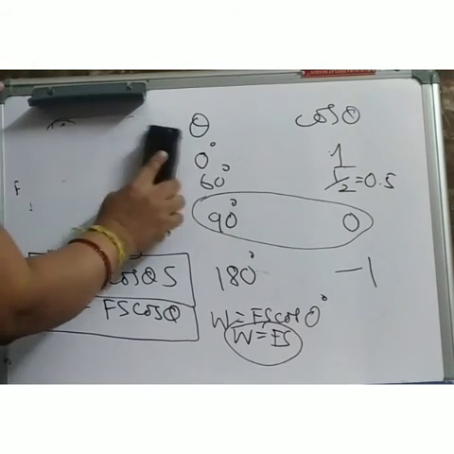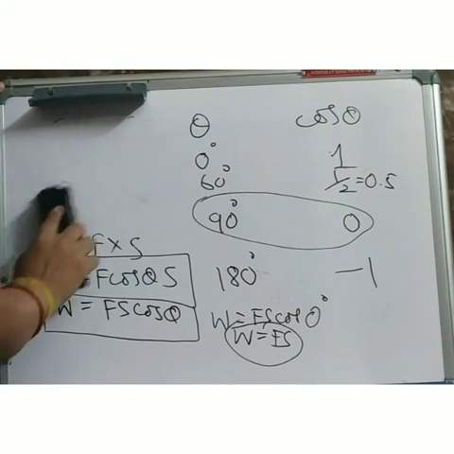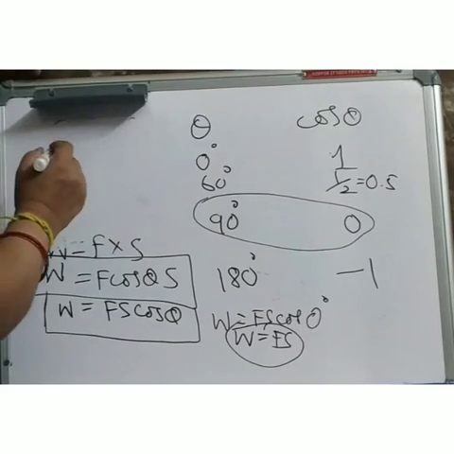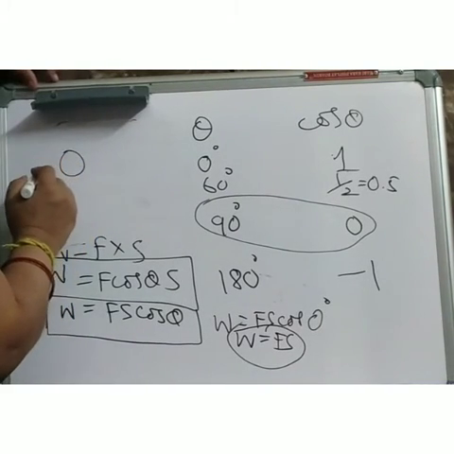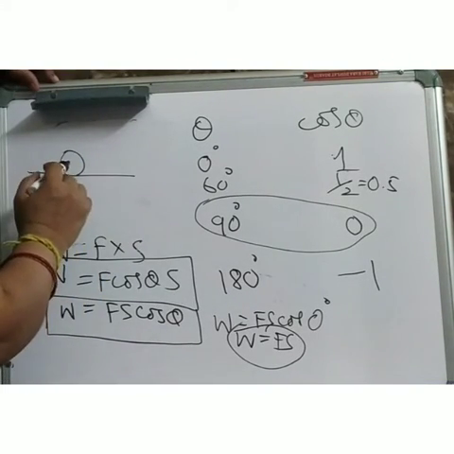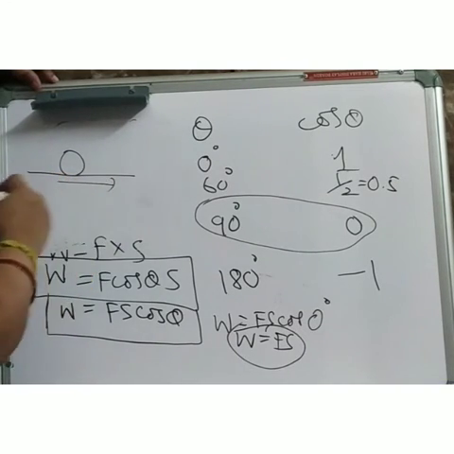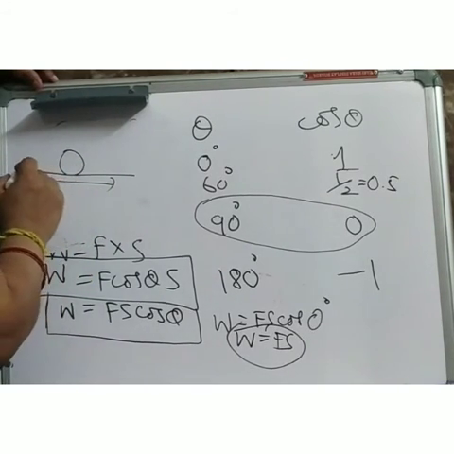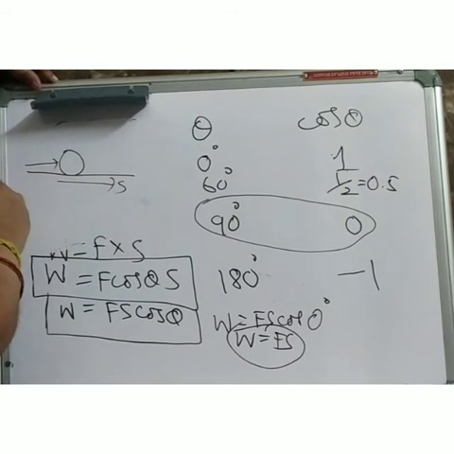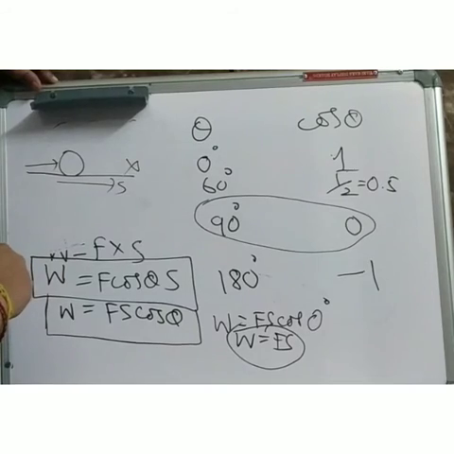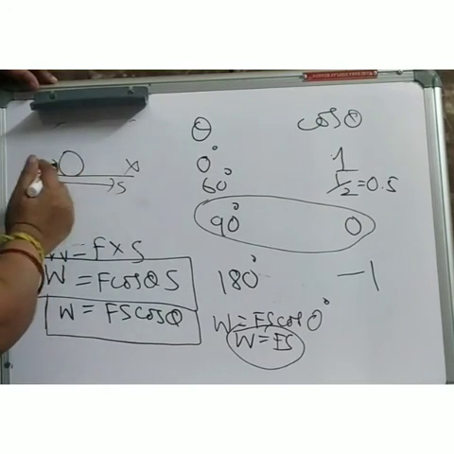Now we'll see the case of cos 180, which is -1. Already we have discussed. Suppose you are kicking the ball. When you are kicking the ball, the ball is moving in the forward direction. So force in this direction, displacement in this direction. After some time you have observed your ball is stopped. Why is it stopped? Some opposing force.